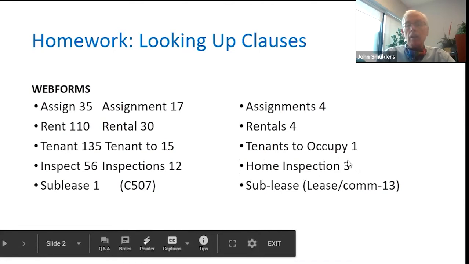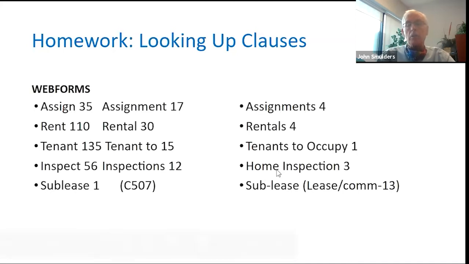Yes, you can, but you have to change home to something like property, building inspection. You don't want to put home in a commercial offer because you're probably not buying a home for your client or selling a home for your client. You're selling a building or a property that has a commercial component to it.